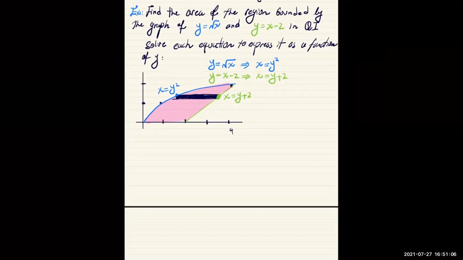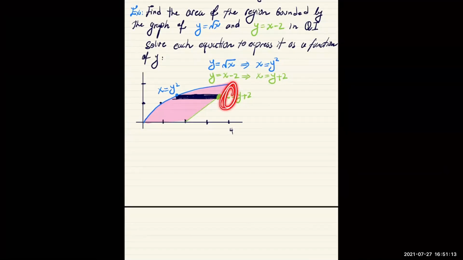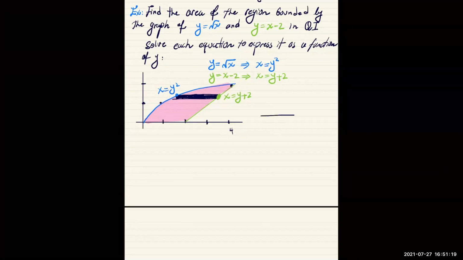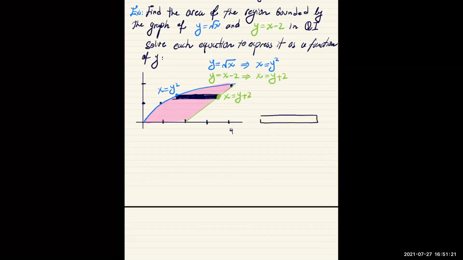So the length of this rectangle now is going to be always the bigger x minus the smaller x.